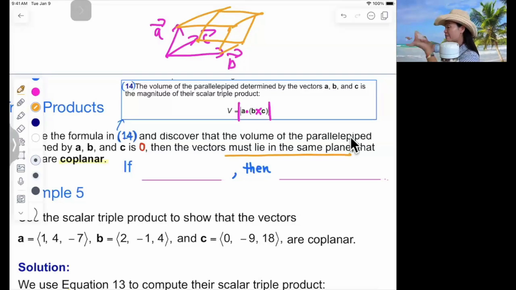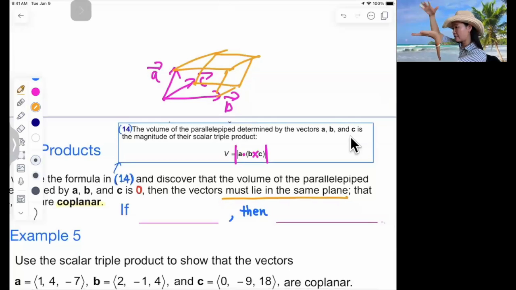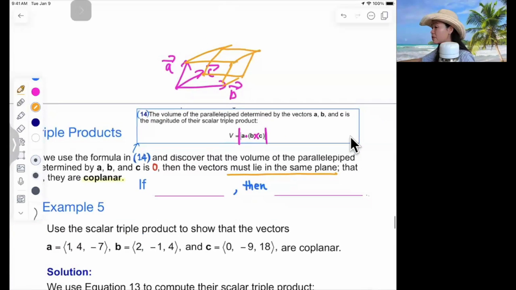So when the value equals 0, the parallelepiped has value 0, so they will be in the same plane. And to be in the same plane, we call that coplanar. Coplanar means they lie in the same plane.